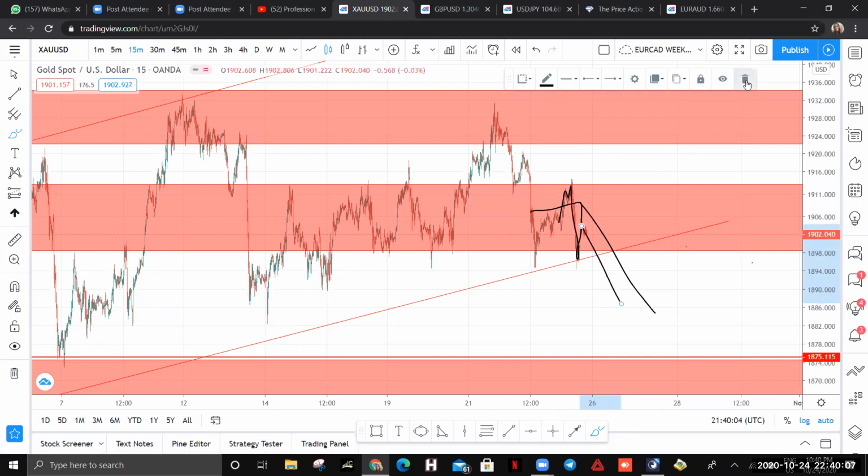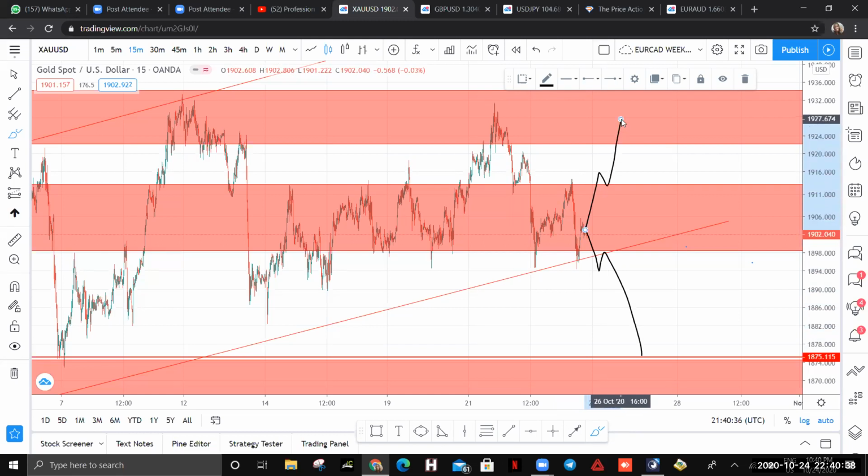But since it's still within this zone, I won't take this trade until I see a breakout. This is what I expect: for me to enter, the price breaks out, retests, and I sell. Or it breaks out from here, retests, and I buy.